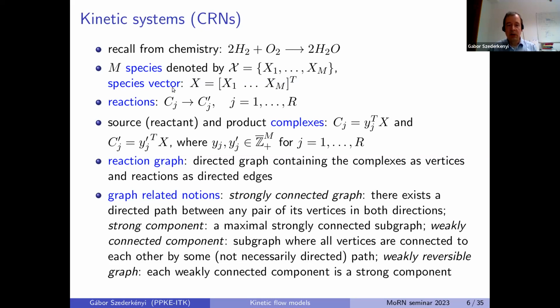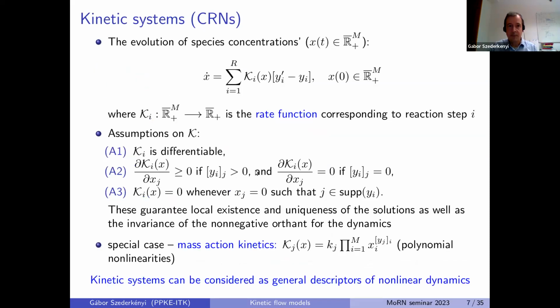And from these arrows and nodes, we can build a reaction graph in a straightforward way, and we can use all the graph-related notions like strong connection or weak reversibility, which are, of course, related.